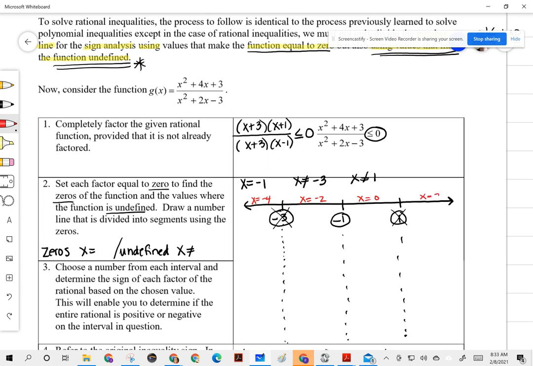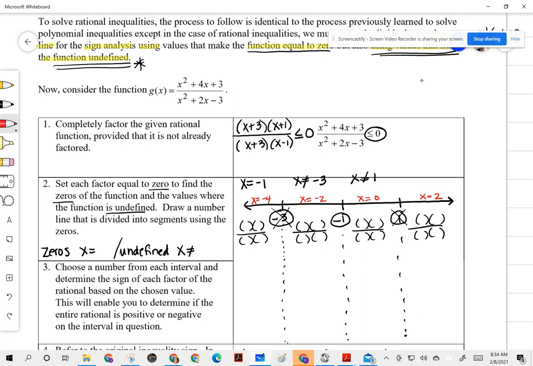And then I'm going to perform my sign analysis. So I just get ready to do my parentheses and my factors, getting everything set up so I can just figure out my signs. All right, so here we go.